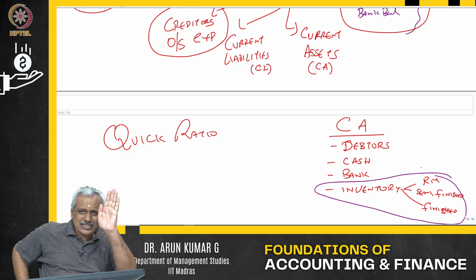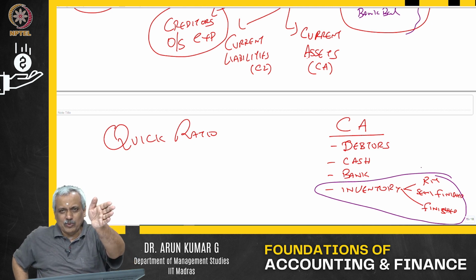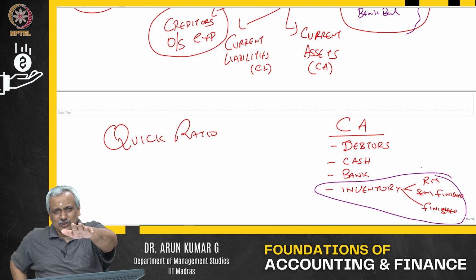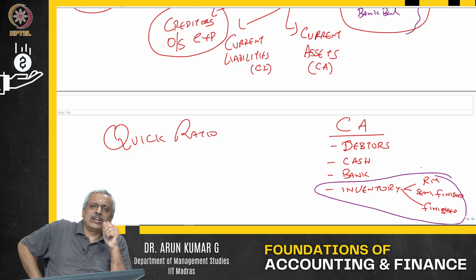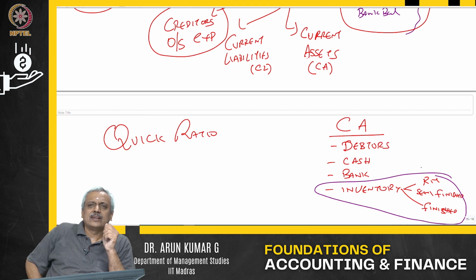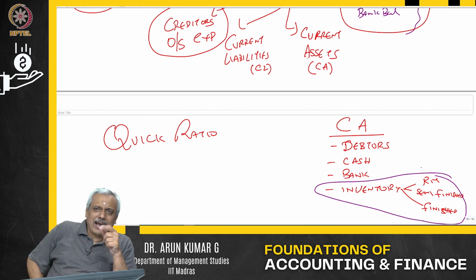I have a promissory note from the person who bought the goods from me, saying he will pay me on the 24th of February. I can go to my bank and say, discount it, keep this and give me money. The bank will say, oh, 1 lakh you are going to receive on the 24th of February, I will give you 90,000 today.